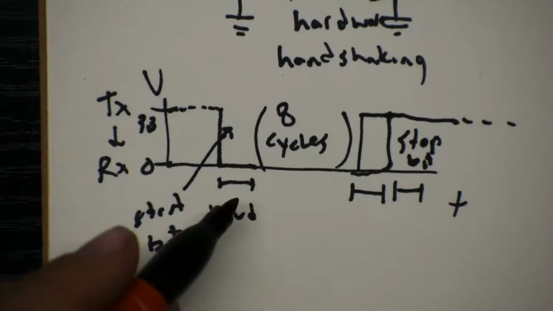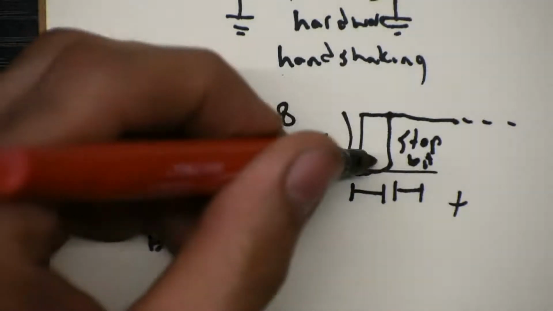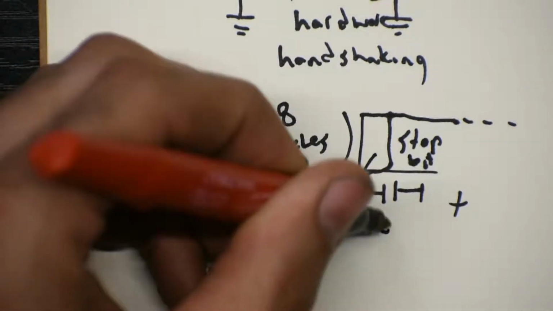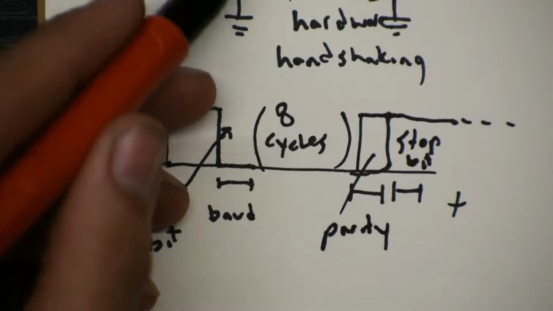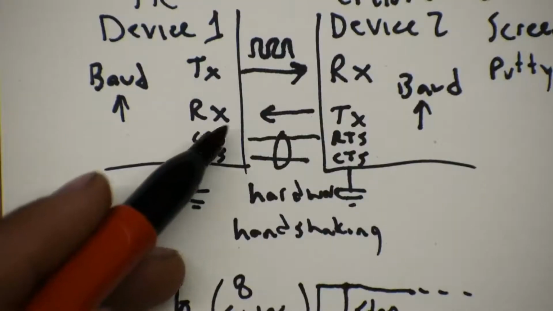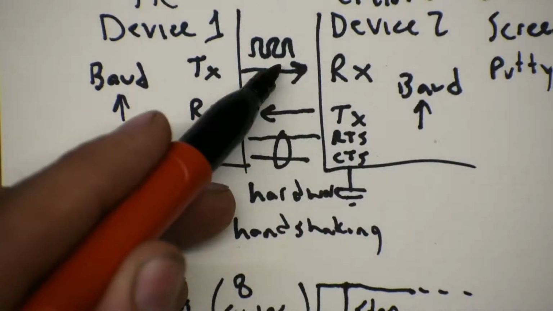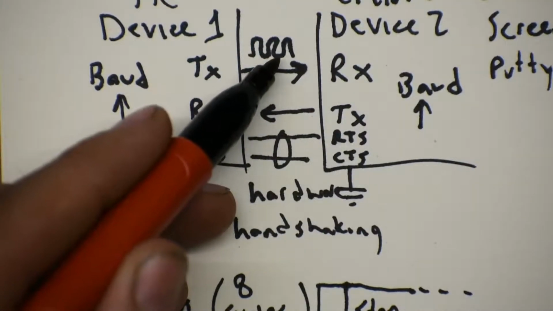So the parity bit is something that helps if the wires connecting the RX and the TX are really long, where we could get noise on them. And that noise might be misinterpreted as 1s and 0s.